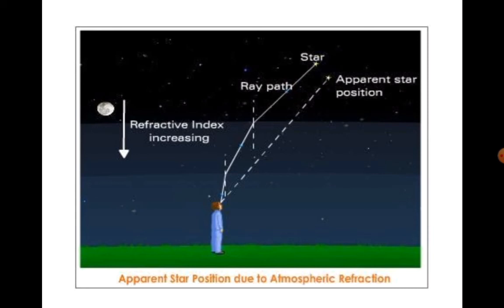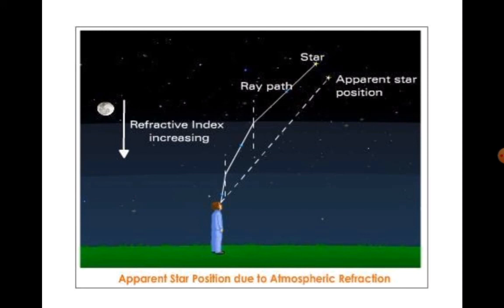But since the planets are nearer to the eyes as compared to the star, the apparent shift in their position cannot be easily observed, and they subtend a greater angle at the eye, right? Because stars are very far from us, they fluctuate a lot, but planets are comparatively very close to us, so they also fluctuate, but our eyes can't see that. That means they are fluctuating at very small angles.